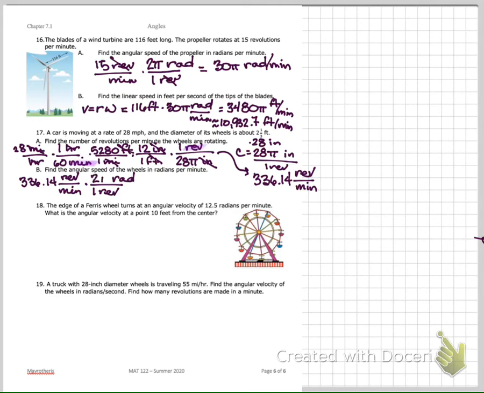Two pi radians is 1 revolution. My revolutions cancel. I'm going to multiply across. I get 2,112.03. We can let that go. Radians per minute.